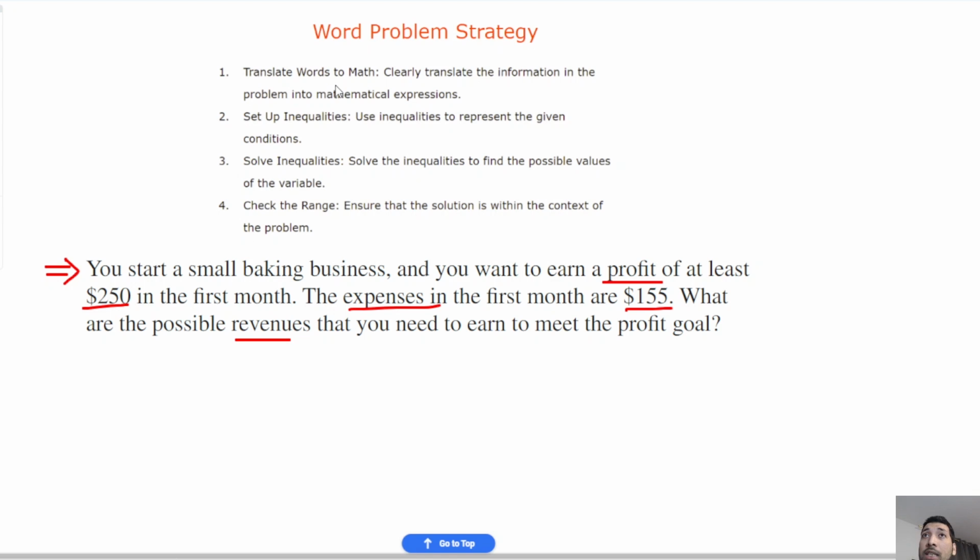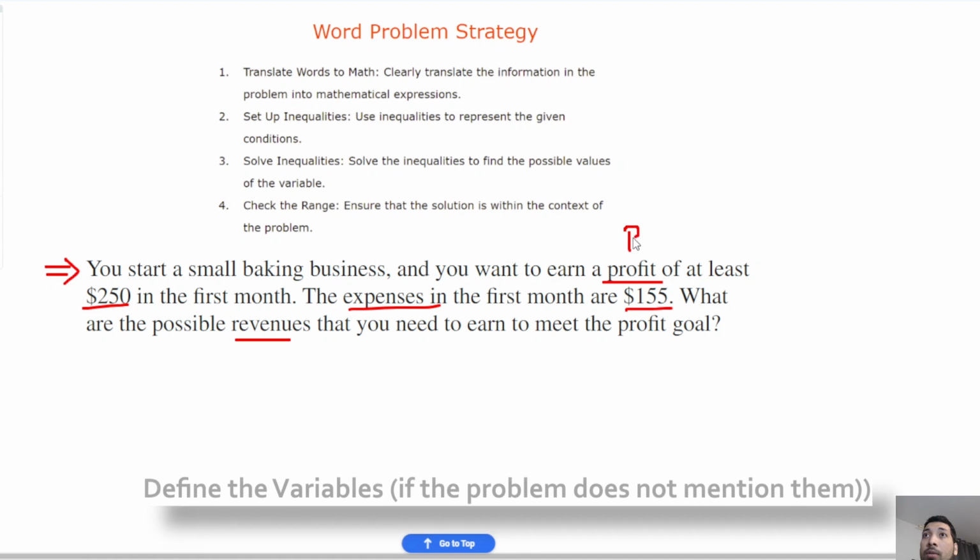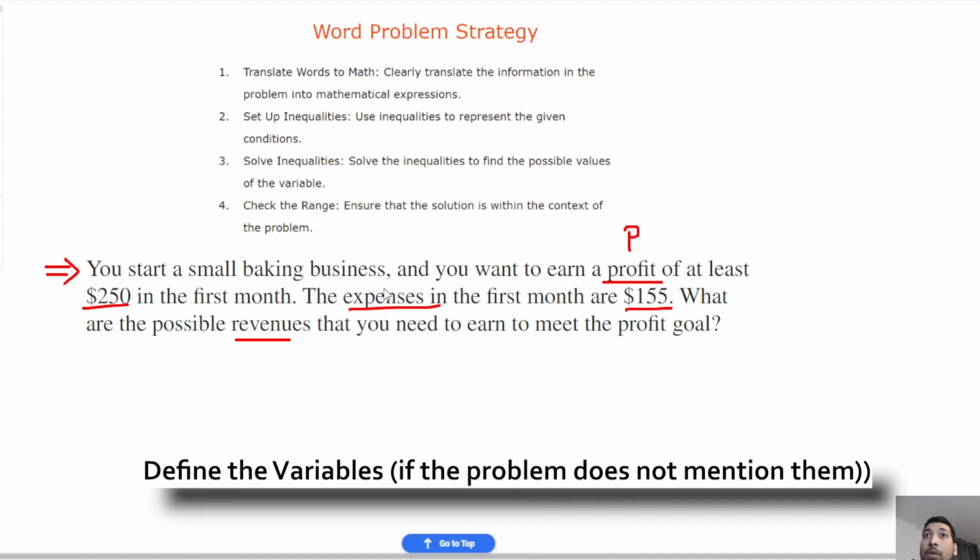First, we need to translate these words into math. For profit, we can use P as a variable. For expenses, we can use E as a variable. For revenues, we can use R as a variable.